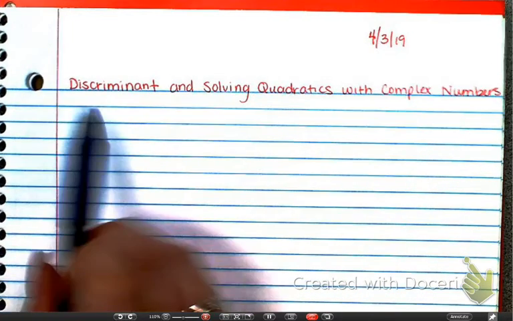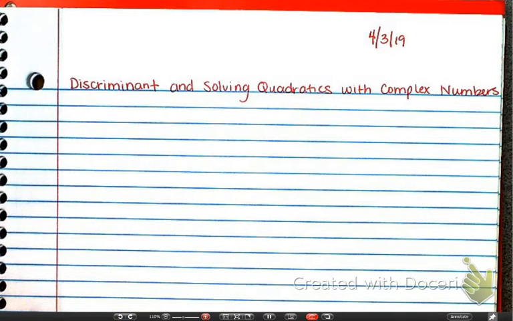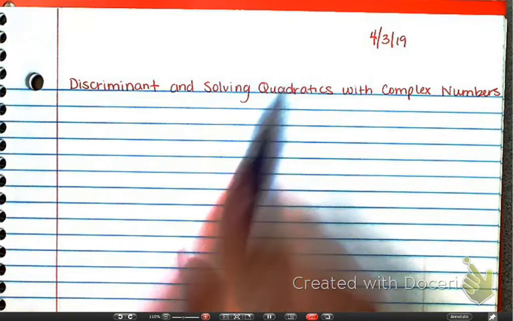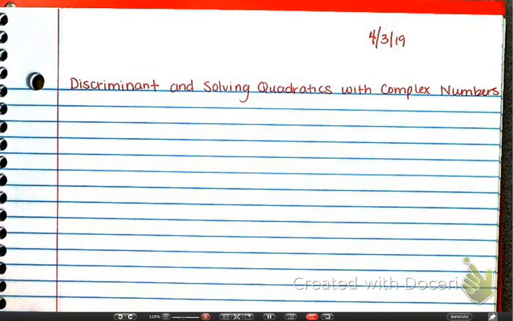So we're going to talk about the discriminant, which is new information, and then we're going to solve quadratics with complex numbers, and we'll talk a little more about that in a second. So let's start with the discriminant.